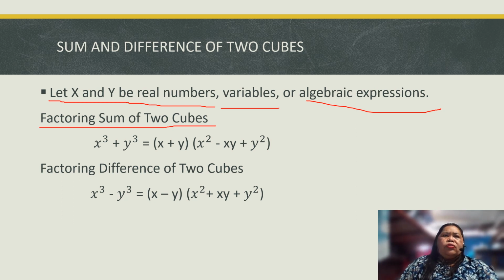For the difference of two cubes, it is the same, but this time it is subtraction, so x cubed minus y cubed is x minus y, and then we square the first, add the x and y, and then square the last term.